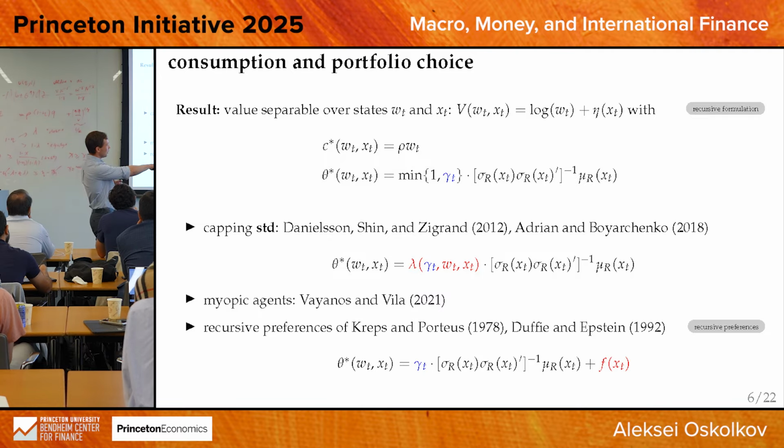Those additional terms are called the hedging motive terms. They account for the correlation between returns and your marginal value of wealth. Unless your value function separates into wealth and aggregate states like it does for the log, this correlation is going to be non-zero because marginal value of wealth depends on aggregate states.